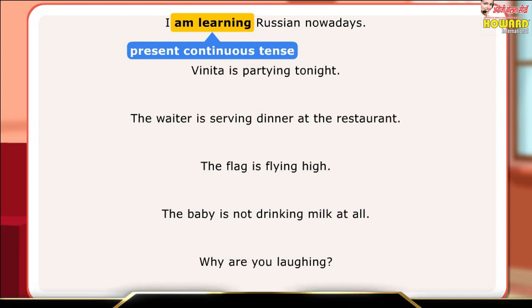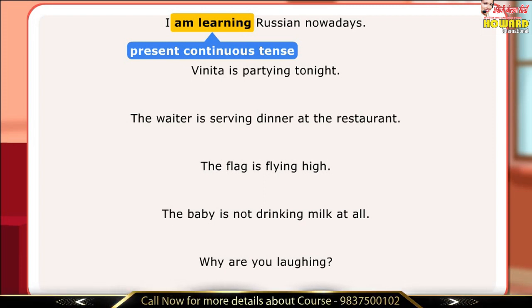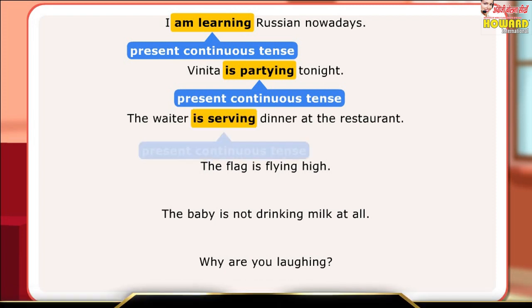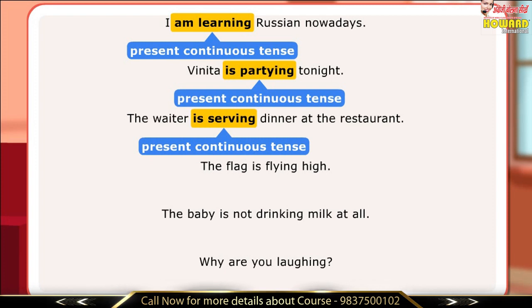In the second sentence, is partying is present continuous tense which describes an event which is to take place in the near future. In the third sentence, is serving is present continuous tense as it describes the act of serving going on at the time of speaking.